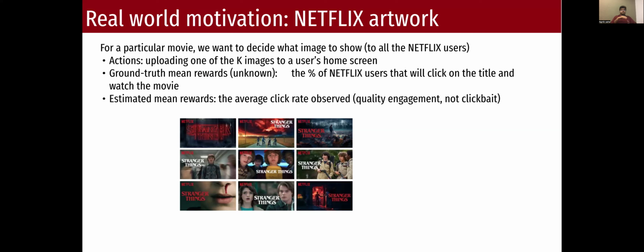So here the action is choosing one of k images to display for a particular movie on a user's home screen, and the ground truth mean rewards, which is obviously unknown, is the true percentage of Netflix users that will click on the movie title and watch the movie for each image. This is my ground truth. And then we want to estimate the mean rewards, the observed average click rate for each image representing that quality. I hope you understand the problem.